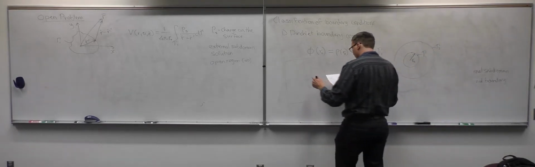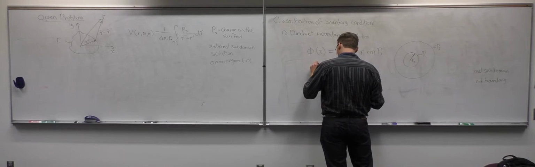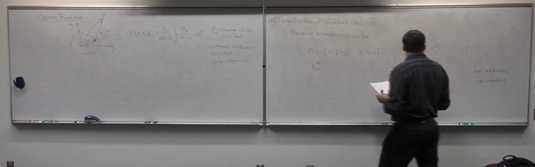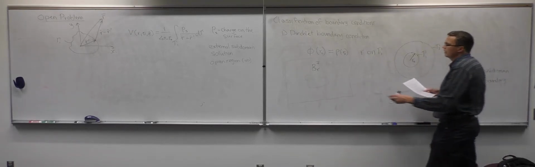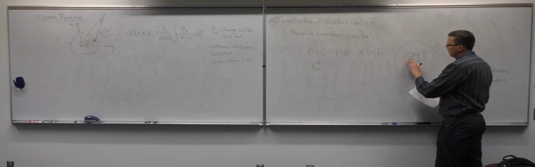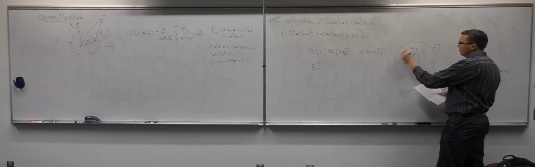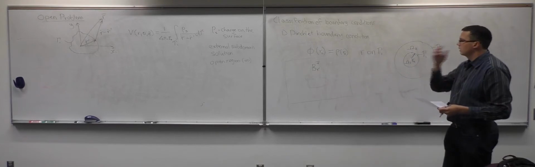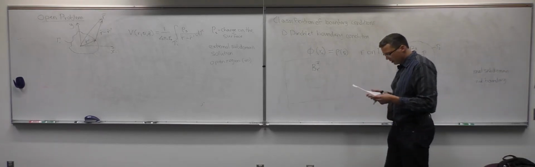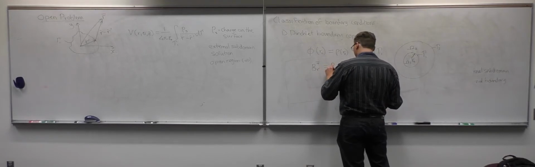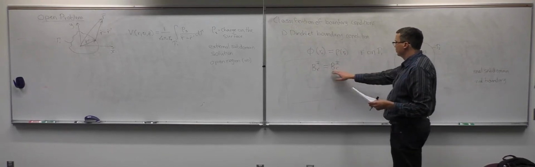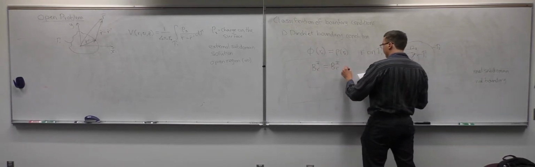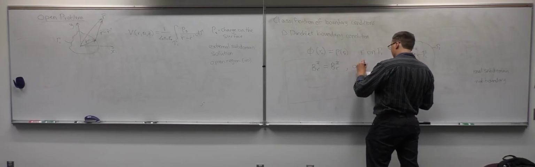Okay, so another, from magnetic fields, you could say that you have subdomain 1 and a subdomain 2, and then the value of the radial magnetic flux density on 1 is equal to the value in region 2 at the boundary, or on the boundary.